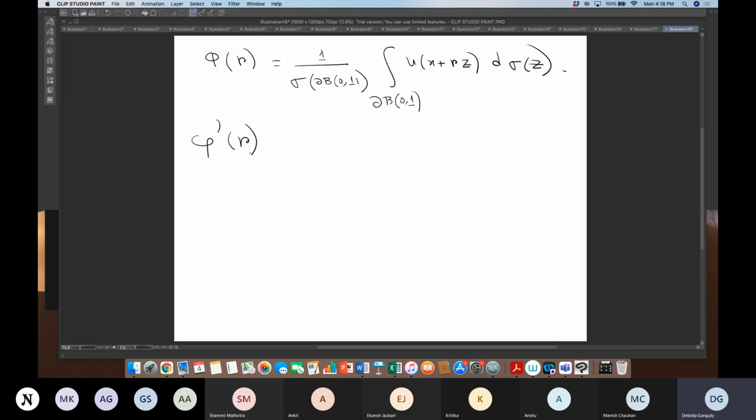Only the function depends on r. So what will be this? If you use the fundamental theorem, it is the derivative over this. So what will be this? Tell me. If I take the derivative of this function with respect to r, what will be this? Chain rule.